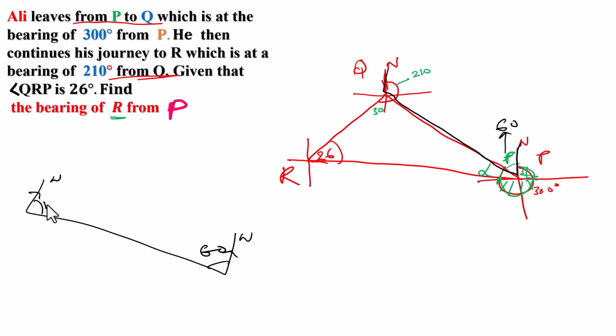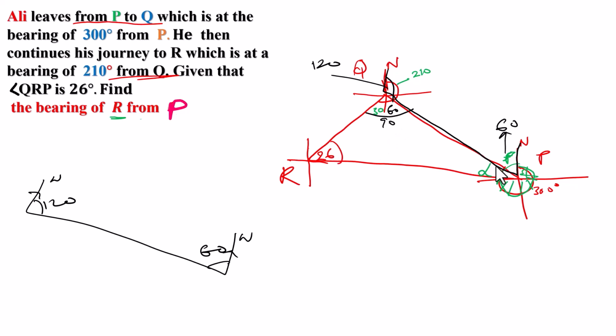So this side will be 120. And if this side is 120, from this side to this side is 180. So what value plus 120 will give us 180? This side is 60. So it means this side is 90.